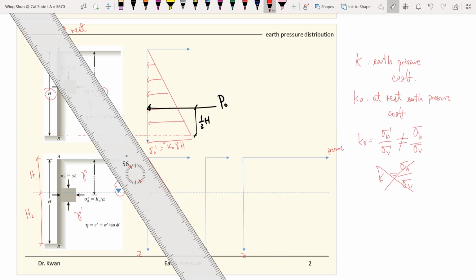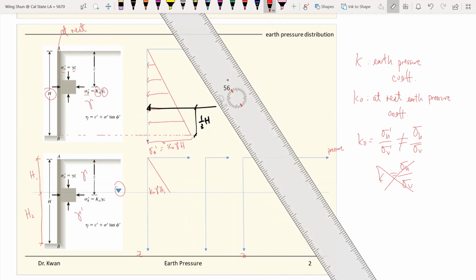And you realize that for the part where the soil is submerged in the water, the unit weight will decrease, because in effective stress base, the effective unit weight will be equal to the total unit weight minus the unit weight of water.